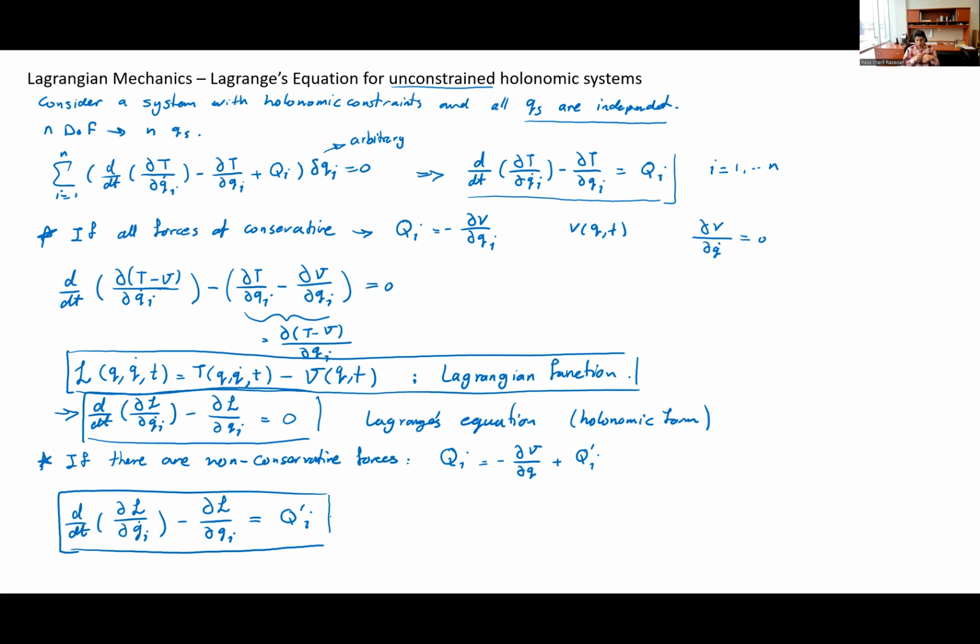And here I have to reiterate that we can write this for any of the generalized coordinates, for both of them.